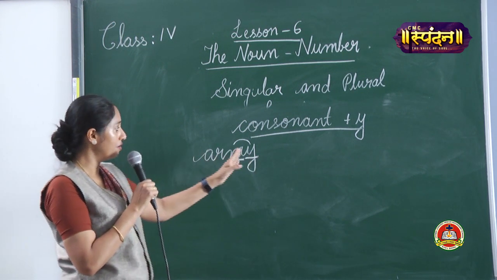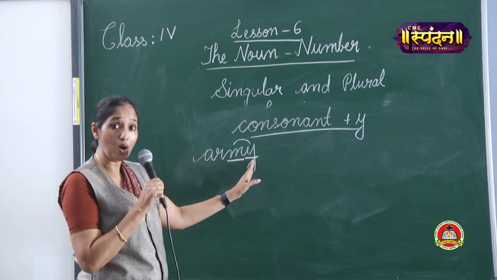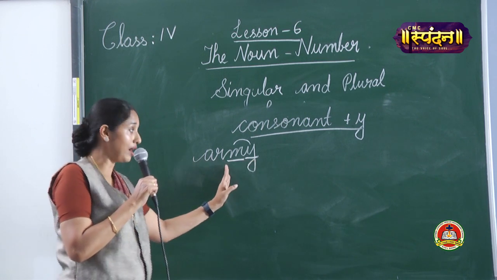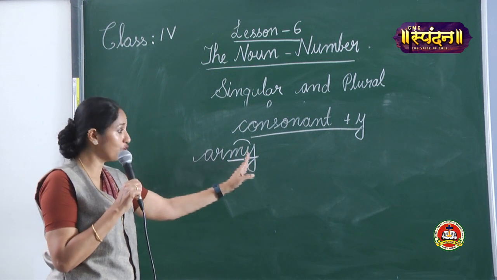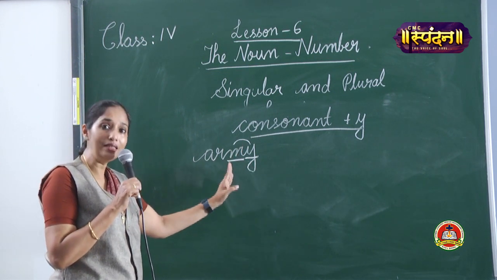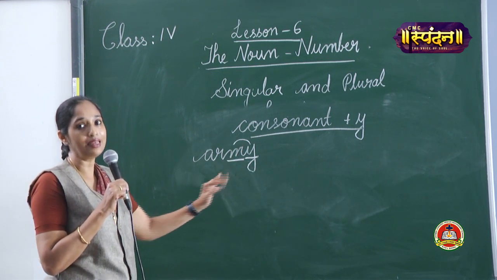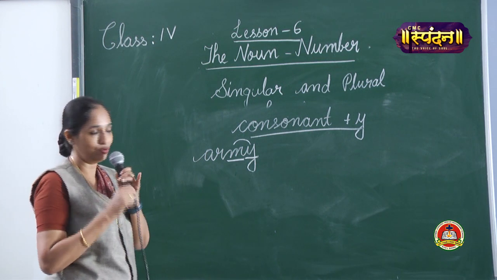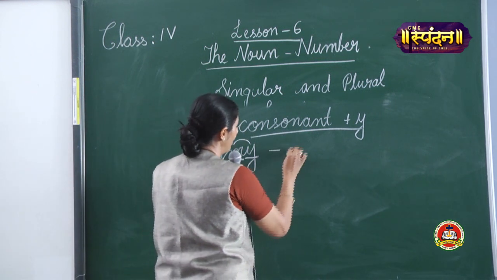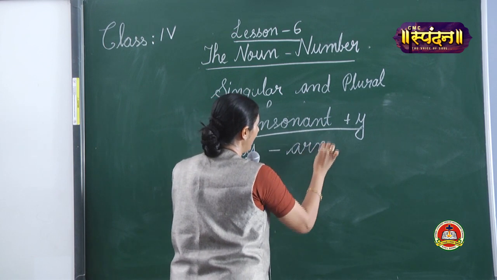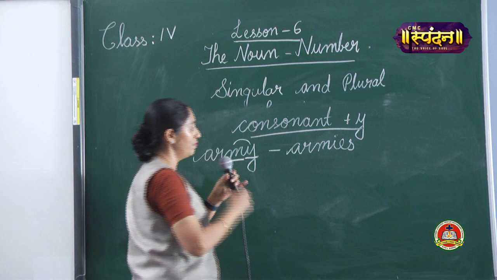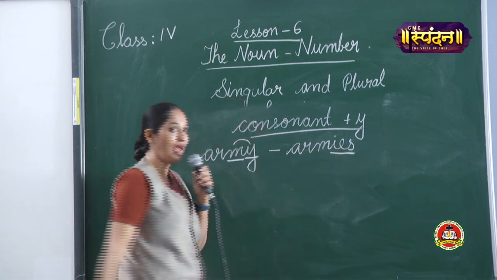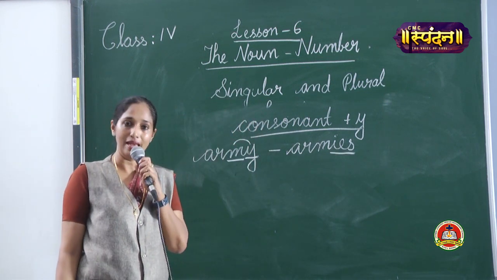So if a word ends in y and before that y there is a consonant, then you have to drop this y and add ies to form the plural. So the plural is armies.